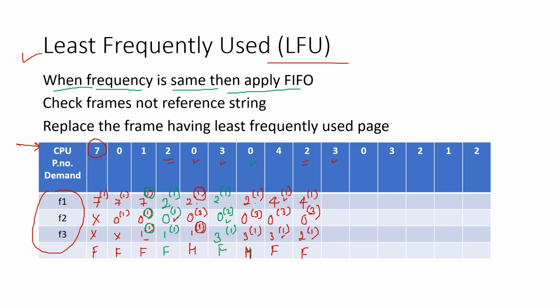So we will replace 4 by 3, first in, first out. This is again a fault. Now it's a hit, 0 is already there, so we'll write 3 raised to 1, 0 raised to 4, 2 raised to 1.